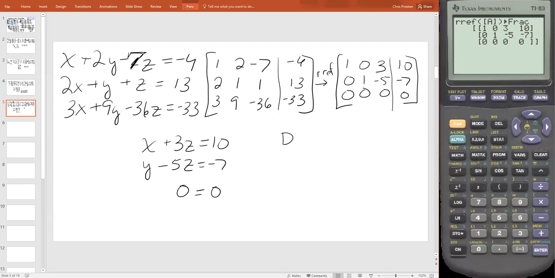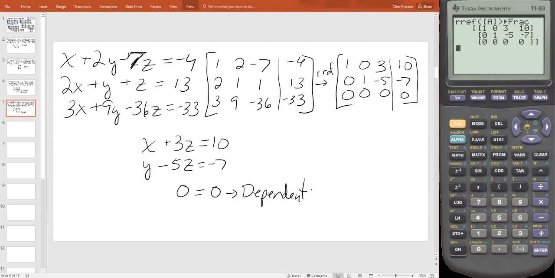Let me not write it there because we're going to need some space here. Because of this 0 equals 0 as my third equation for my 3-variable system, this system is dependent.